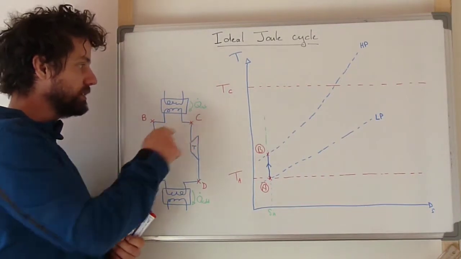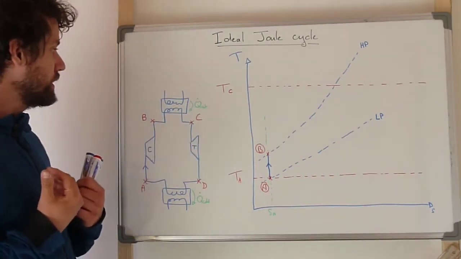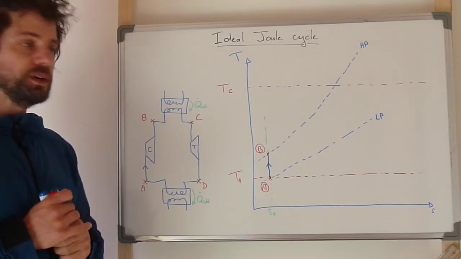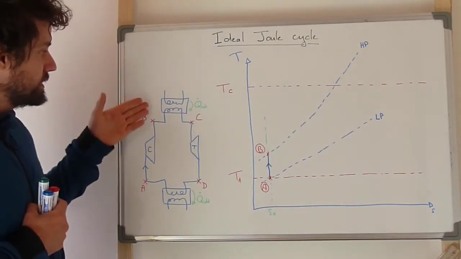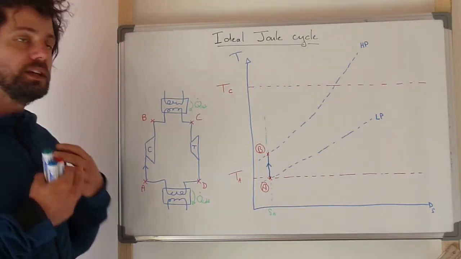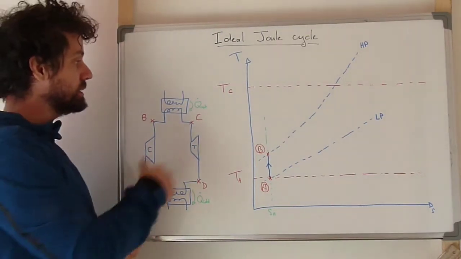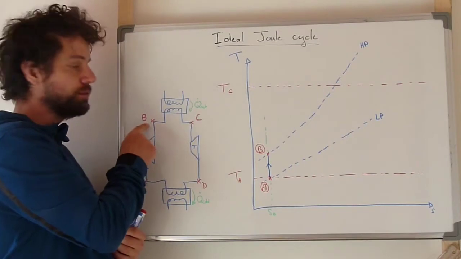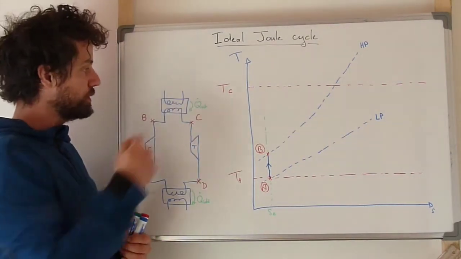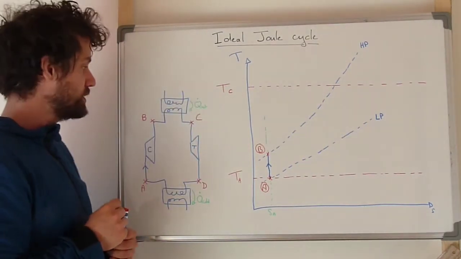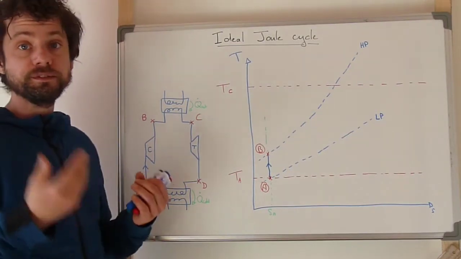Then we have a heat exchange with the hot source of the fluid in the heat exchanger. The heat exchanger can be considered as isobaric, and as the working fluid will receive heat from the other side of the heat exchanger, it will receive entropy.